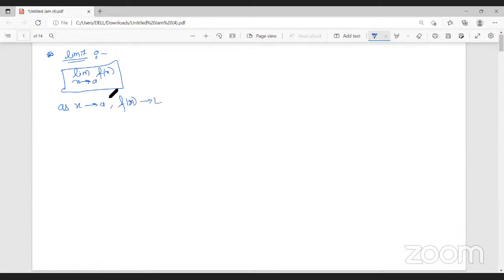So say for example, I take f of x as x, right? So I can plot this like this. This is x, this is y, and this is y equals x. Now, say suppose this is point 2.